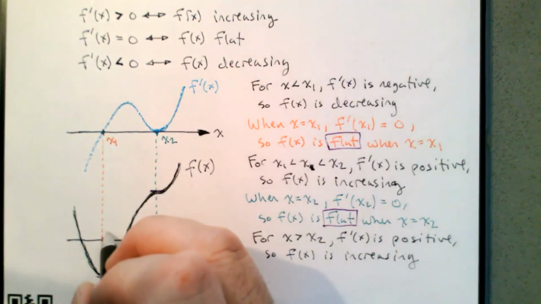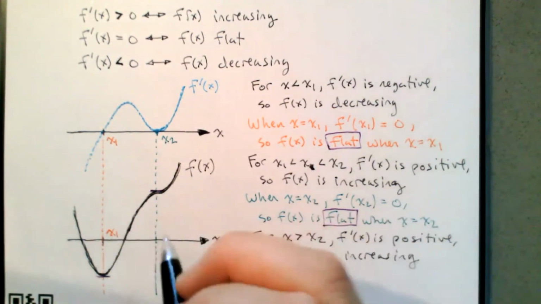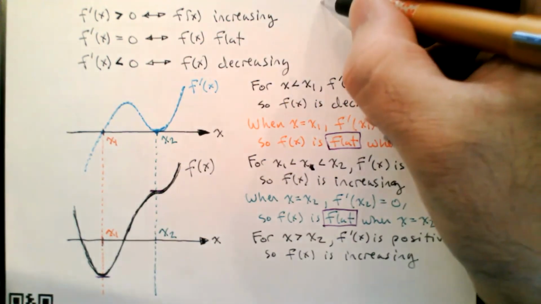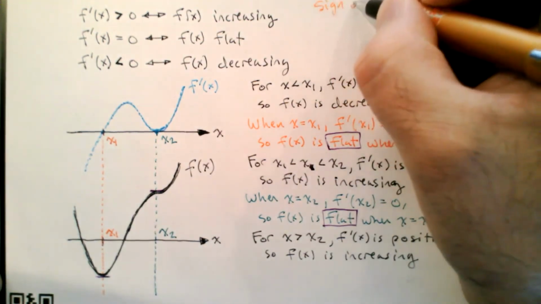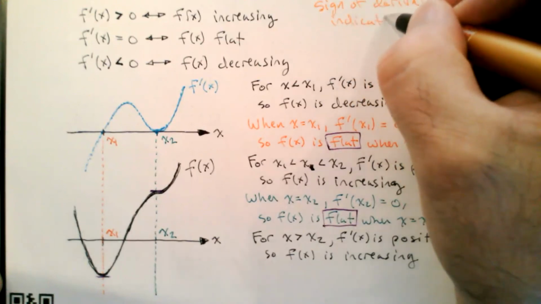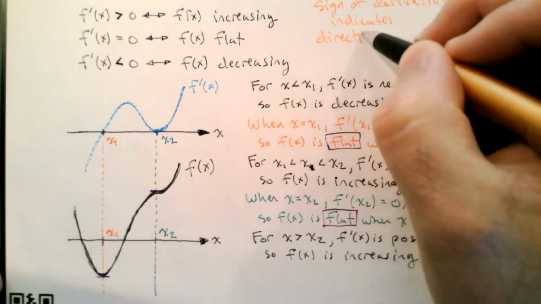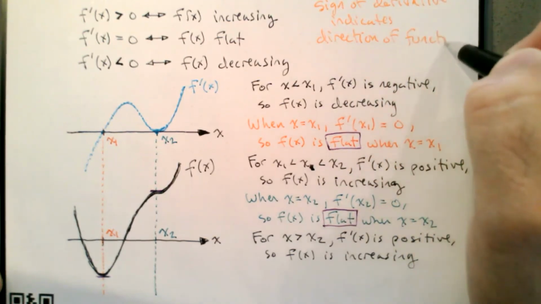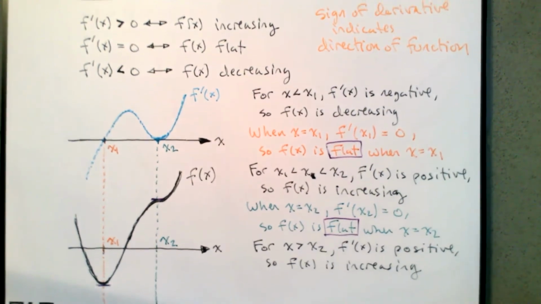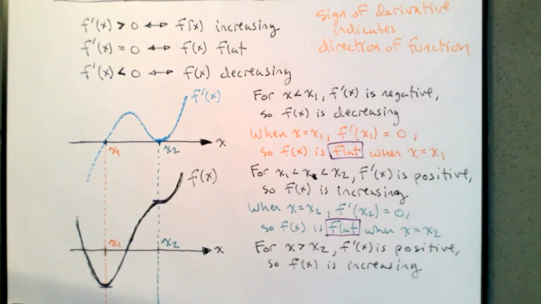The sign of the derivative is telling us about the direction of the function. Any questions?